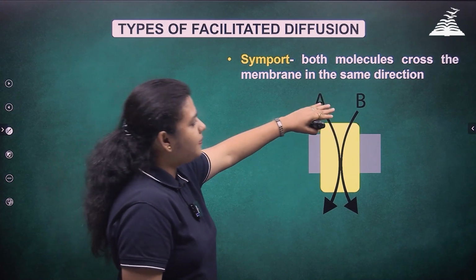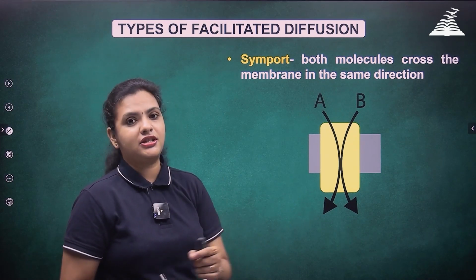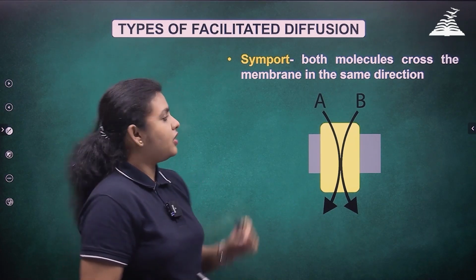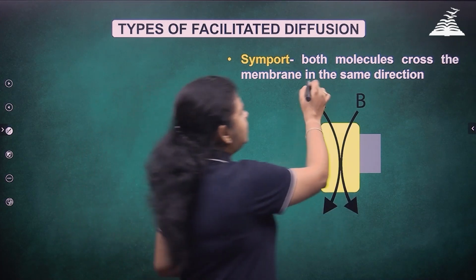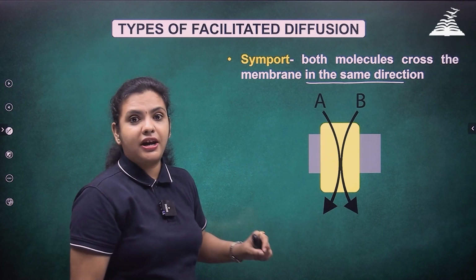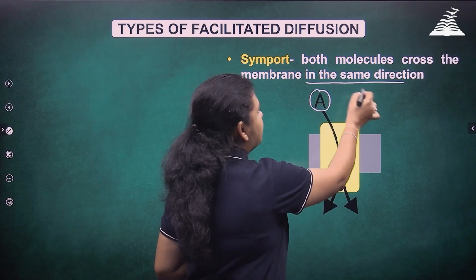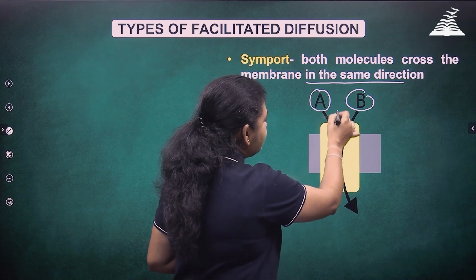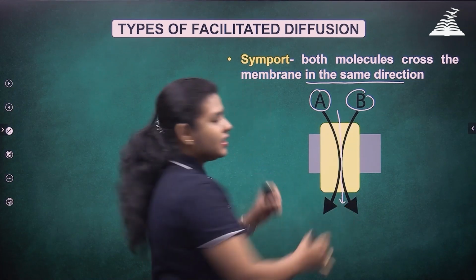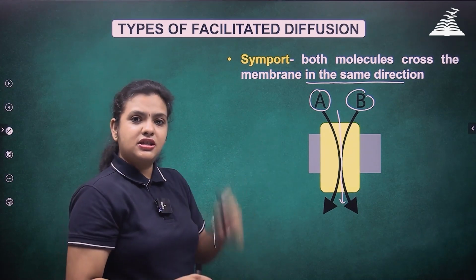They have to go from higher concentration to lower concentration, and this is being facilitated by a protein. But both the molecules are going to be crossing the membrane in the same direction. So A is here, B is also here. Both of them go together, right? Together in the same direction, that is symport.